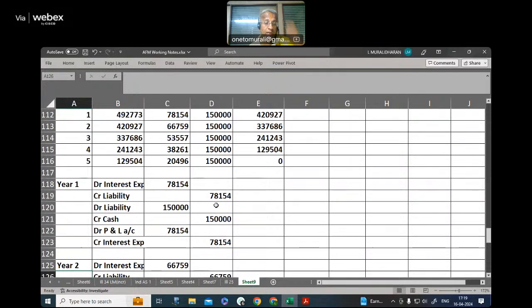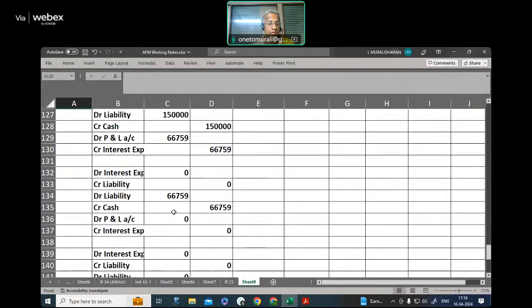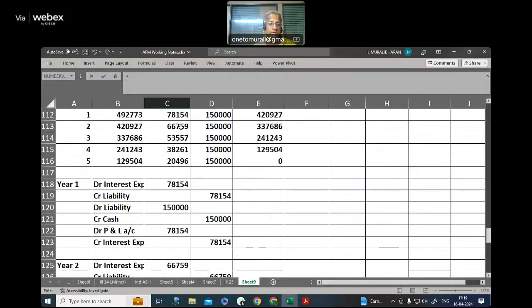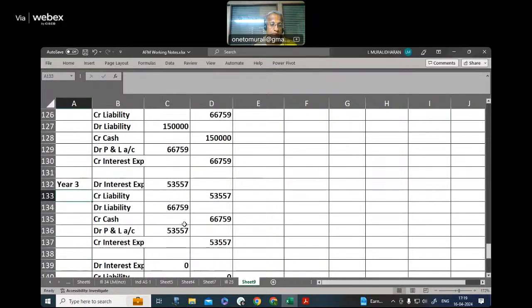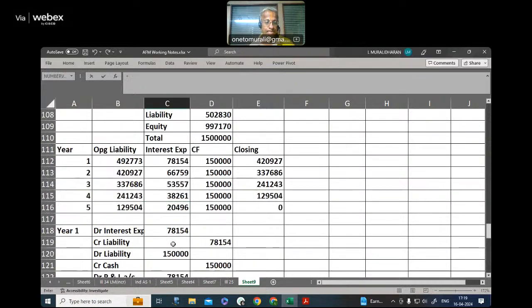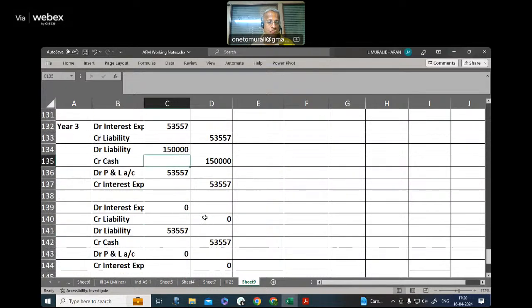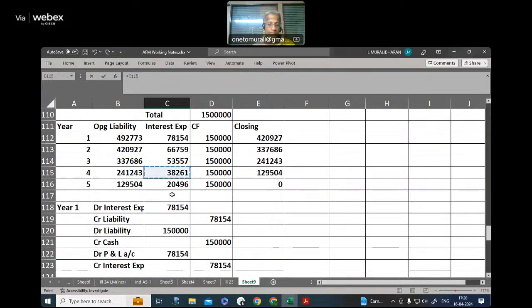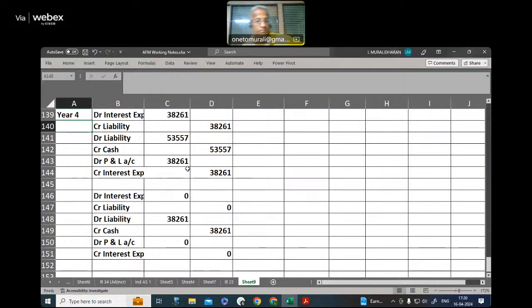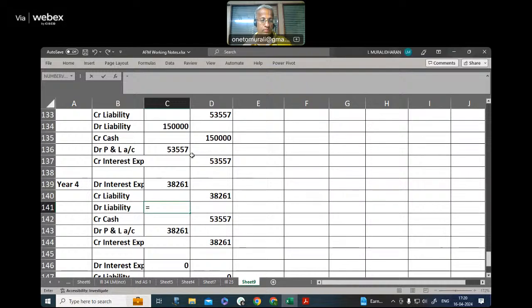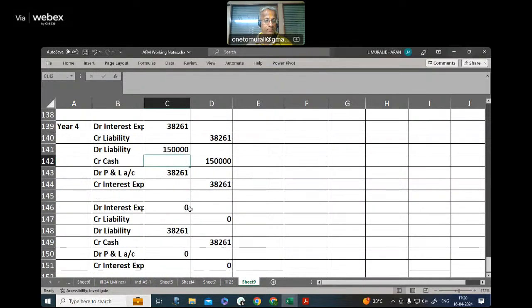Okay, and this portion, year 3, year number 4, year number 5.